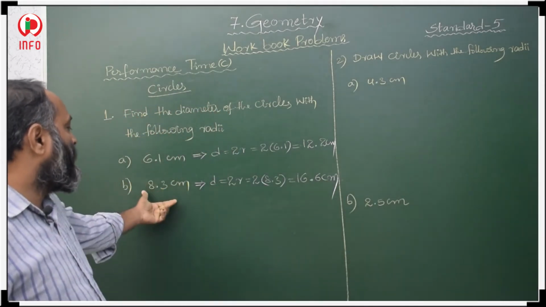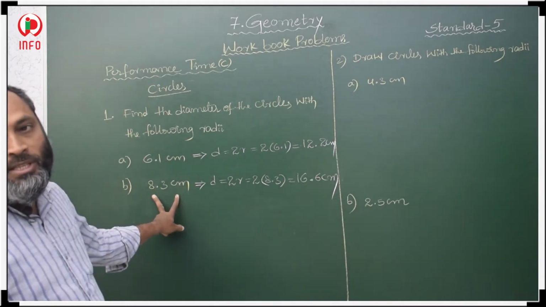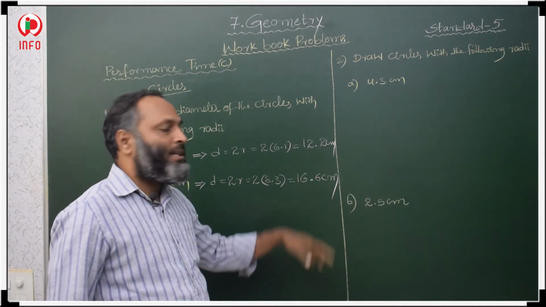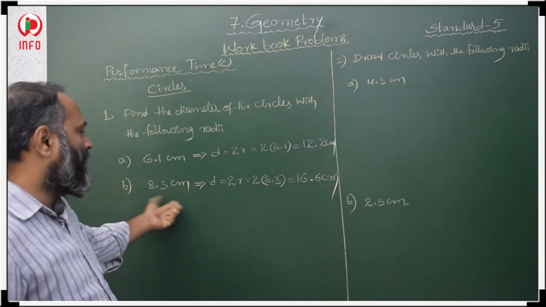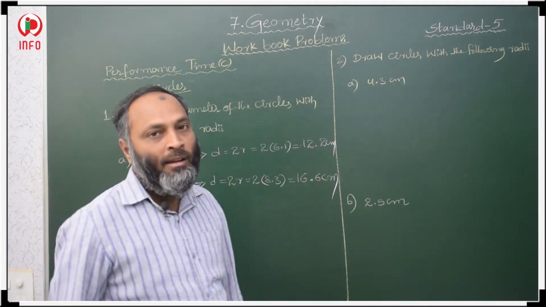If the radius is 8.3 centimeters, then the diameter is double this, so we multiply 8.3 with 2, then you will get the diameter.